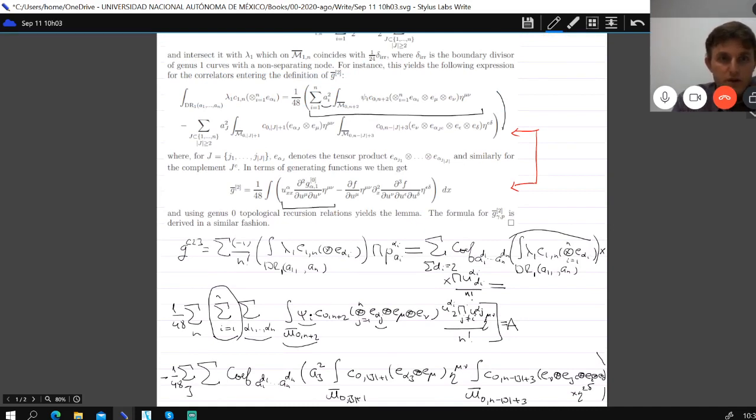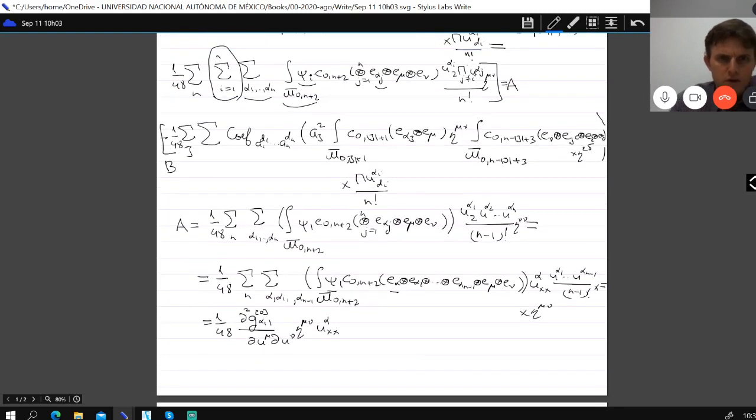Now to get the second term. We have this expression for G2, so now let us denote the second term by B. You see that we take the coefficient of a_1 to the power d_1, ..., a_n to the power d_n in this product of two integrals in these brackets.